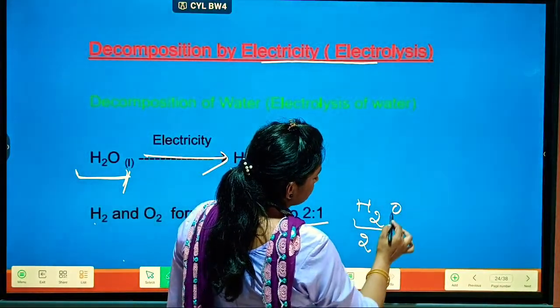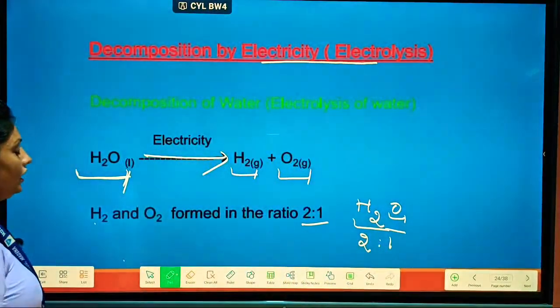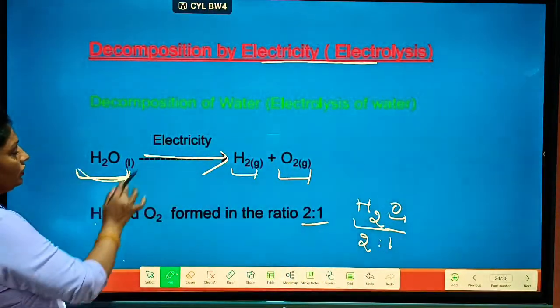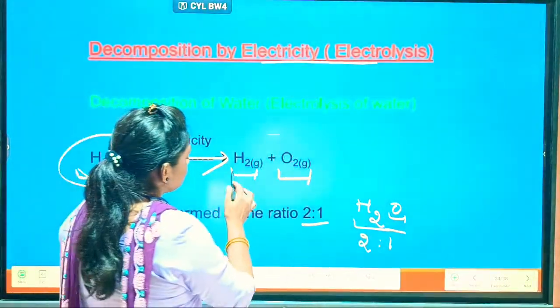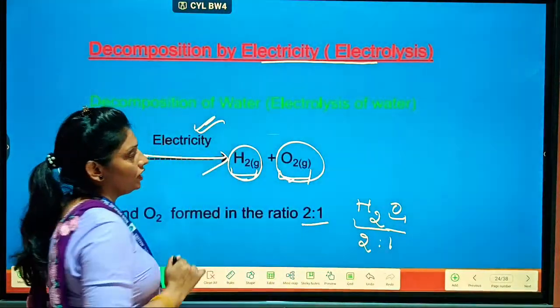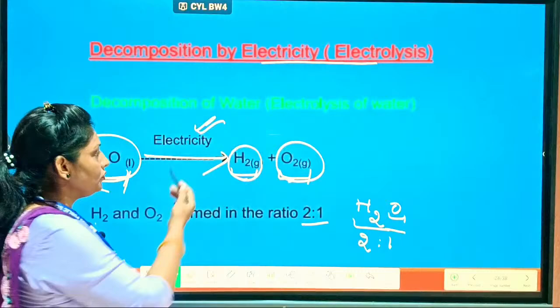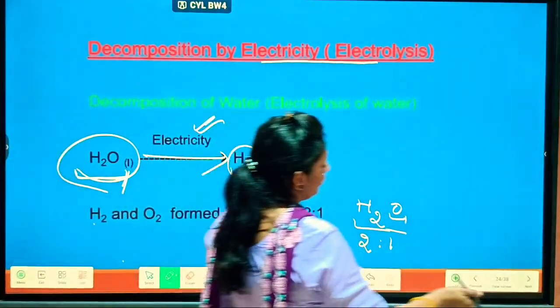Hydrogen 2 and oxygen 1. If they combine in 2:1 ratio, then we get water. So here water is decomposing. It is breaking down into hydrogen and oxygen after passing electricity through it. Because here decomposition takes place in presence of electricity, it is known as electrolysis.